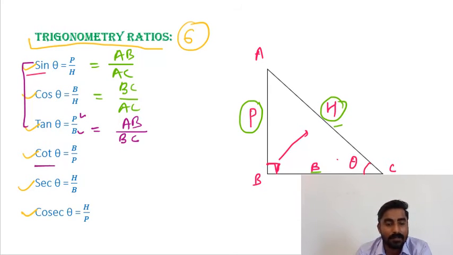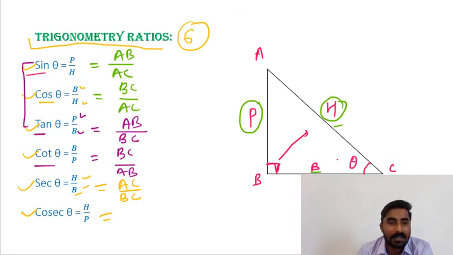Now we talk about cot theta. Cot theta is the reciprocal of tan theta, which is base upon perpendicular. Here the base is BC and the perpendicular is AB. Similarly, sec theta is the reciprocal of cos theta. Cos theta is base upon hypotenuse, so sec theta will be hypotenuse upon base, which is AC upon BC.